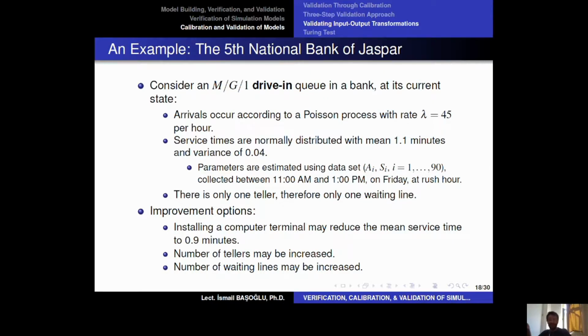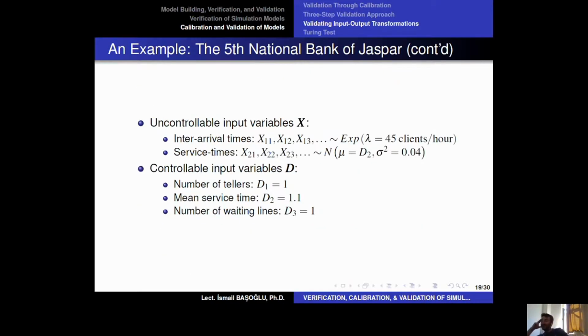It's just a suggestion. So we have uncontrollable input variables in the system. What are these? The inter-arrival times and the service times. So inter-arrival times are given in X1, and X11, X12, X13 are giving us the inter-arrival times. So the first index stands for that it belongs to inter-arrival times, and the second index belongs to clients. Okay.